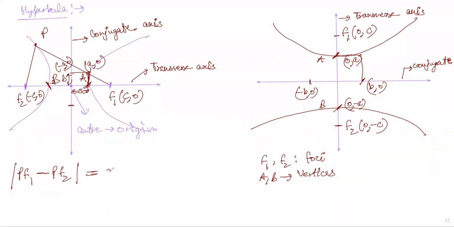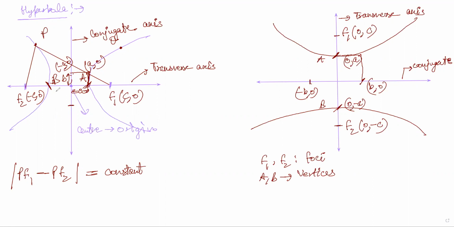PF1 minus PF2 is constant. This is constant for every point lying on the hyperbola. So if you take this point, let's call it Q, you find out the distance from Q to F1 and Q to F2 and take the difference of them. This would be exactly equal to PF1 minus PF2. That is the property.